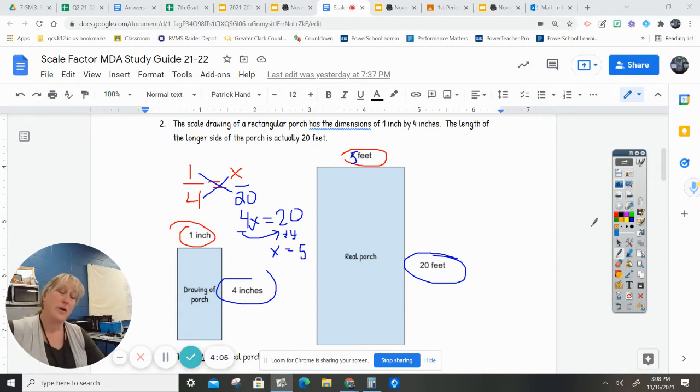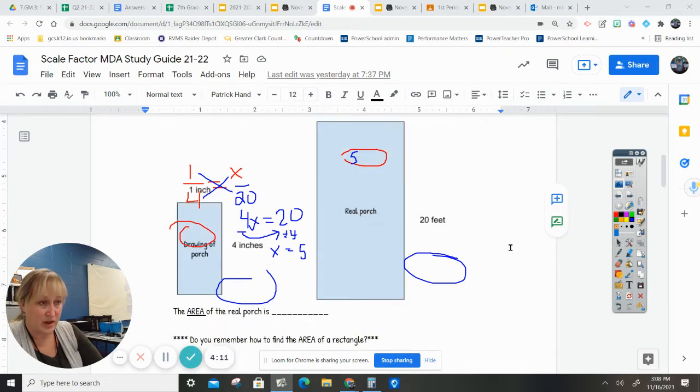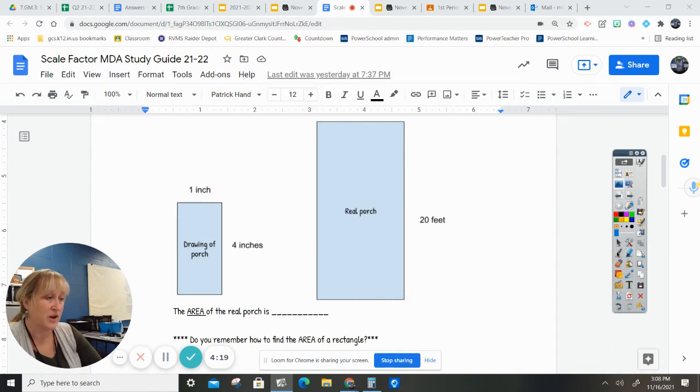Okay, so now let's go back and read the question. The question asks for the area, okay? So do you remember how to find the area of a rectangle? Area equals length times width. We know this is 5 and this is 20.